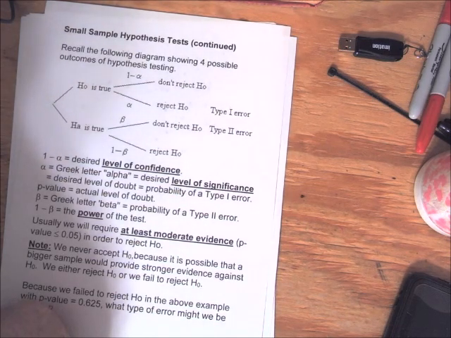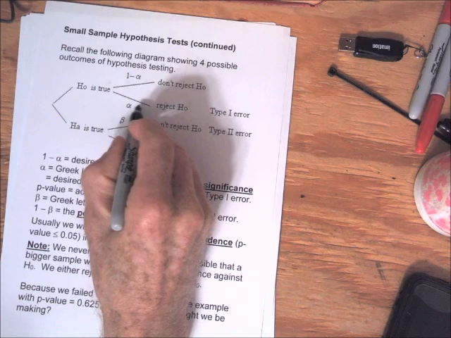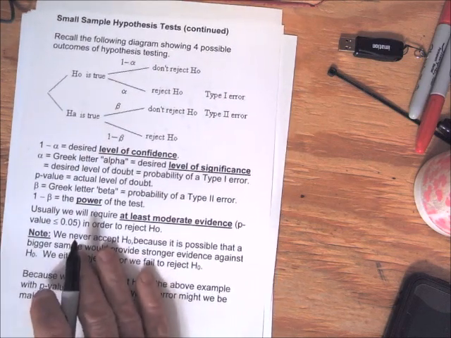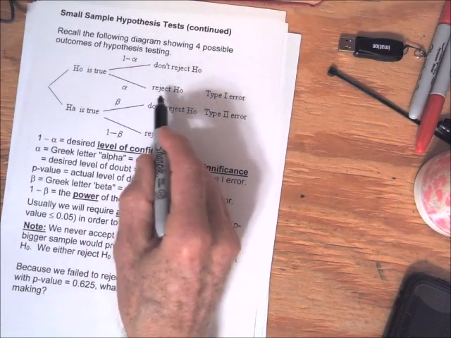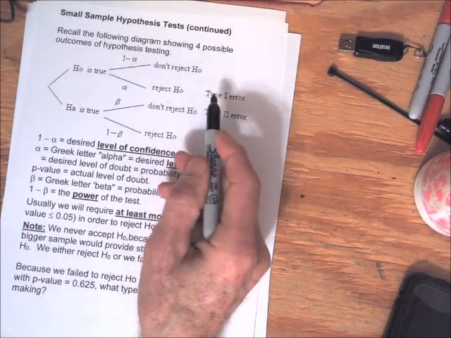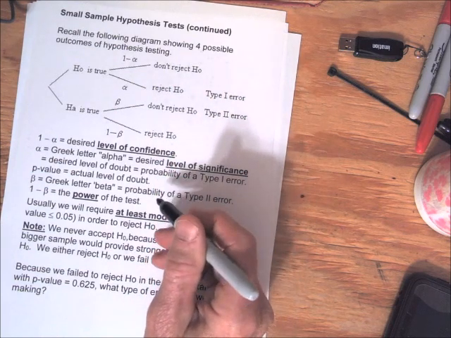So if you want to be very, very sure of your results, then you make alpha very small, so you have a small probability of a type 1 error. In this case, we'll usually take alpha to be 0.05, or a 5% chance of a type 1 error.